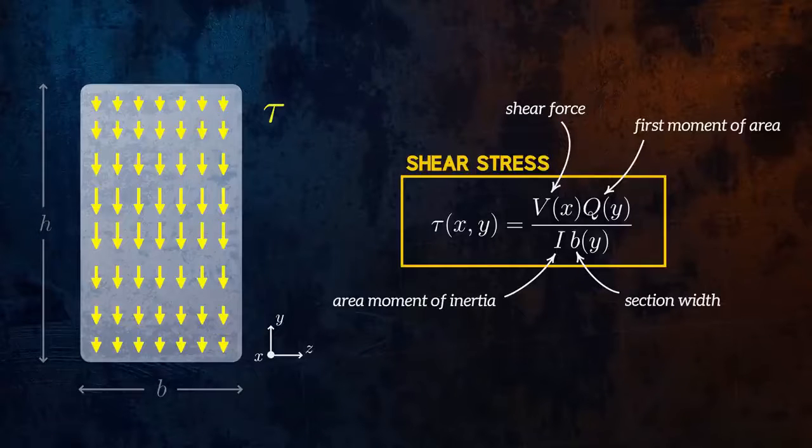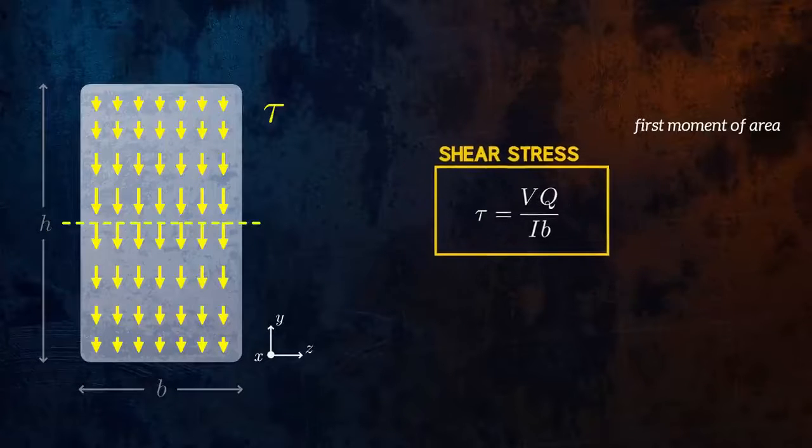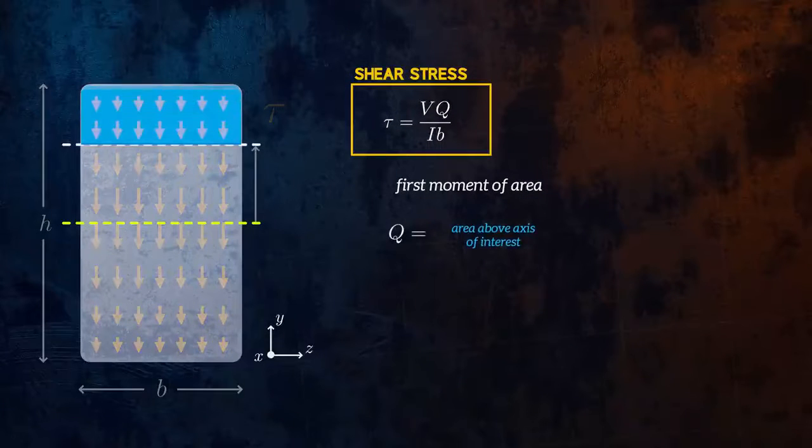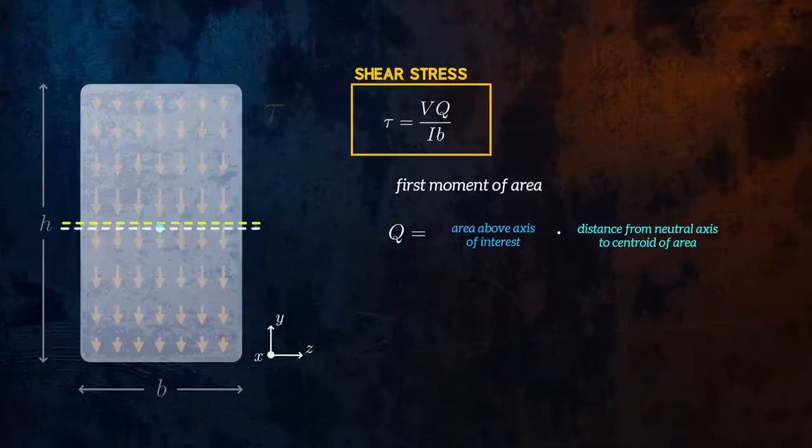So it varies with the distance y above or below the neutral axis. It is equal to the product of the area above the location of interest, and the distance between the centroid of that area and the neutral axis. If the location of interest is below the neutral axis, we consider the area below the axis instead of the area above it.